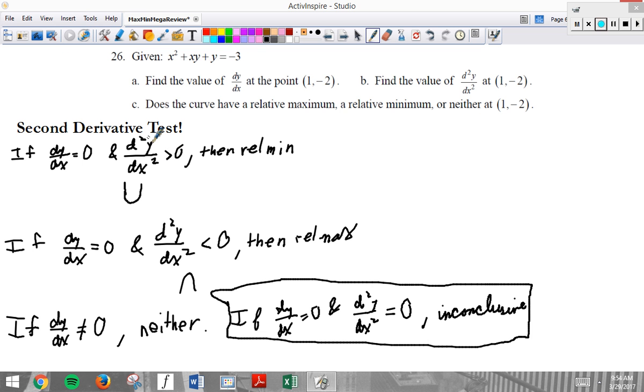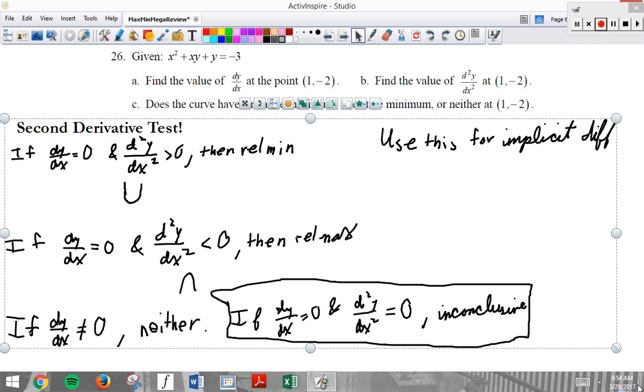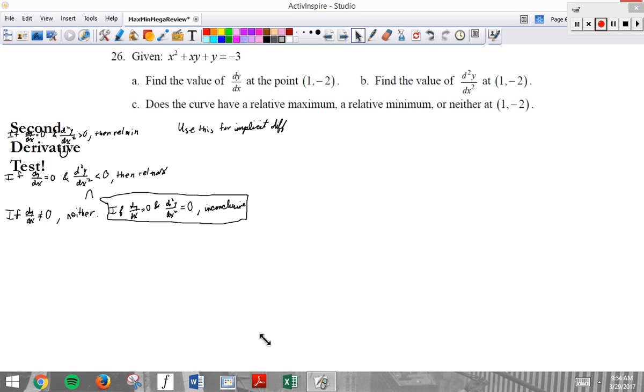We'll try to use this for implicit diff problems like this, like what we're doing right now. Alright, I'm going to shrink all of that. That's the quick and dirty rundown.